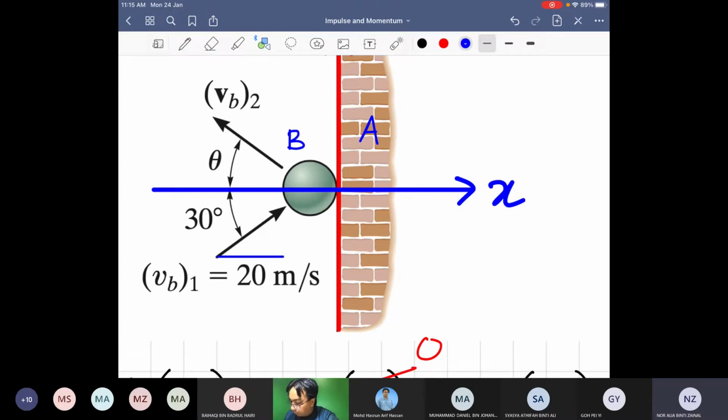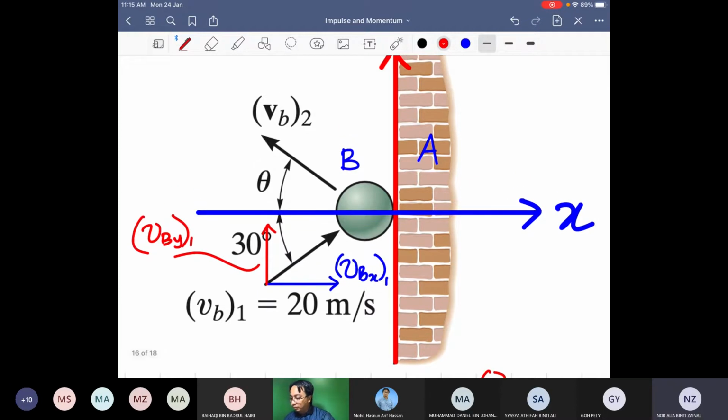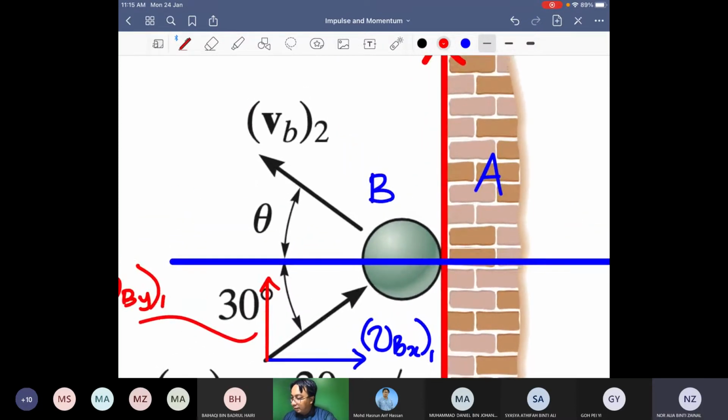So this will be VBX1. Okay, and VBY1 will be in this axis lah. Saya tulis dekat sini VBY1. Okay, so sama juga dengan after the impact ini. This will be VBY2 and this will be VBX2.